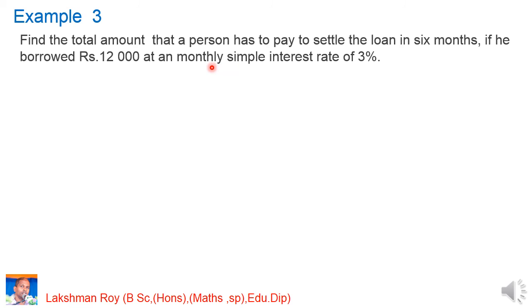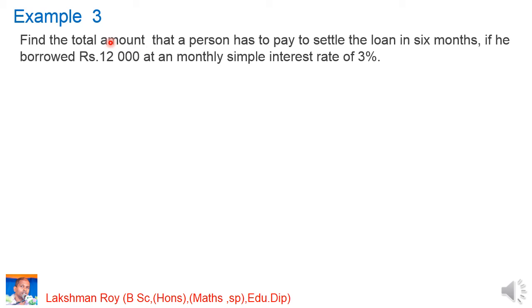Be careful, the interest rate is given monthly. So what is the idea? If a person takes a 100 rupees loan, the interest for 1 month is 3 rupees.